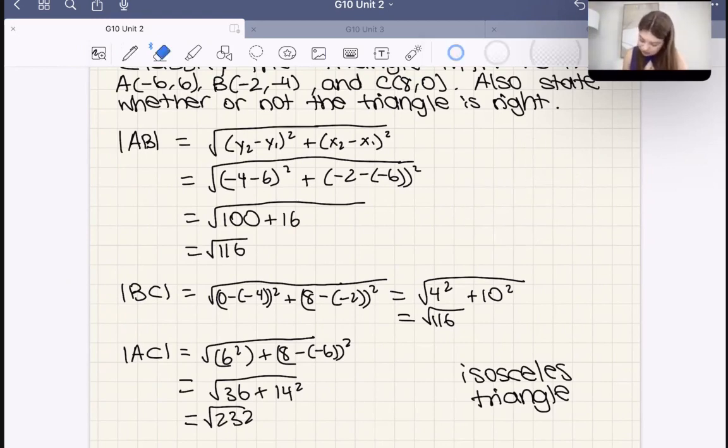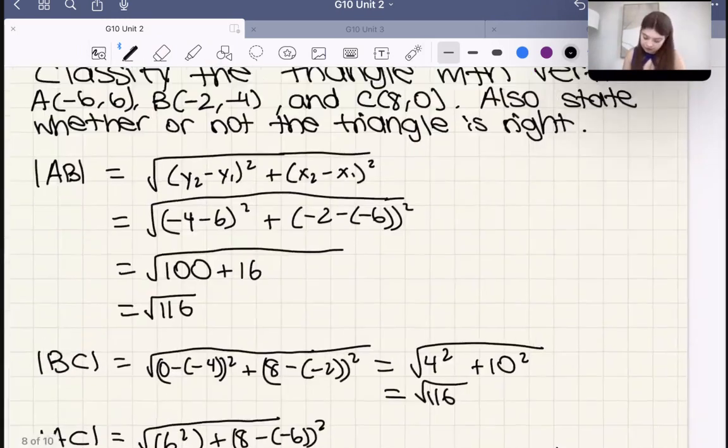Now, how do we check if something is perpendicular or not, or right or not? We need to check if it's 90 degrees with each other. And how do we do that? We need to know if there's negative reciprocal slope. So we need to know if the slope between A and B and the slope between B and C are negative reciprocals or not.